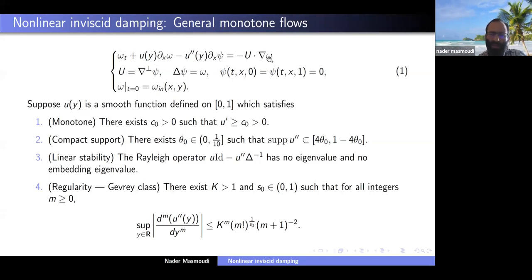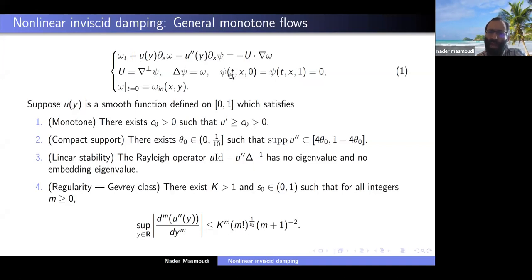So again, let me spend a few seconds to re-explain this. Omega is the vorticity of the perturbation. It is associated to psi, which is the stream function. Now the stream function has to vanish on the upper and lower boundary. That ensures the slip boundary condition, but no penetration.